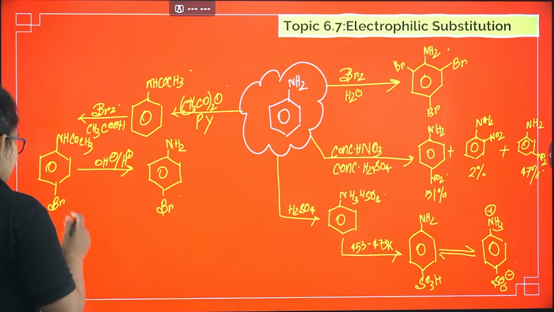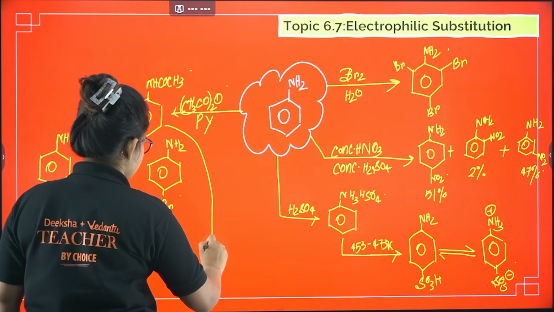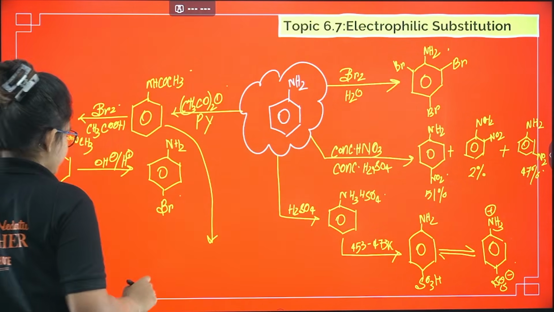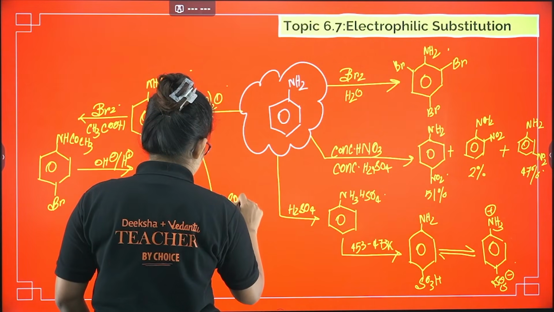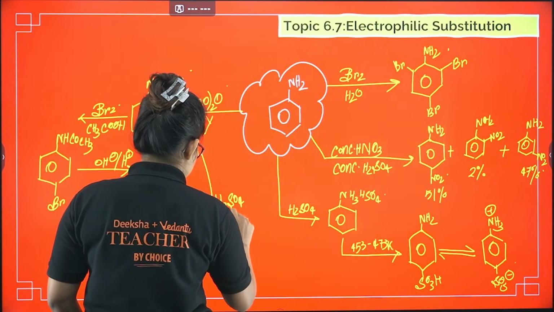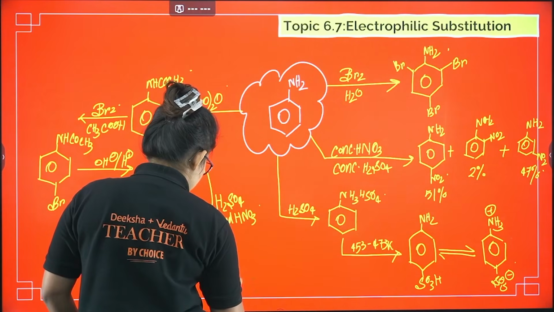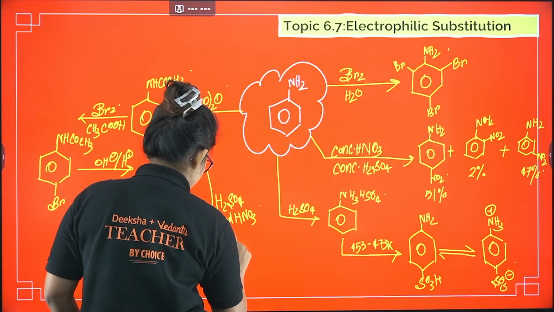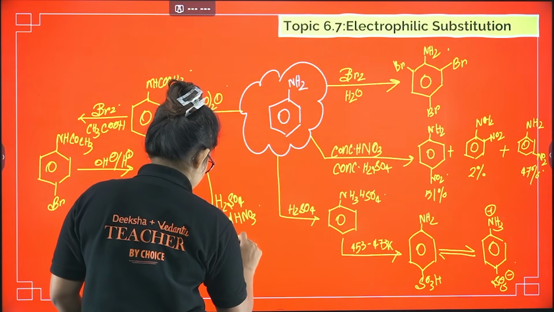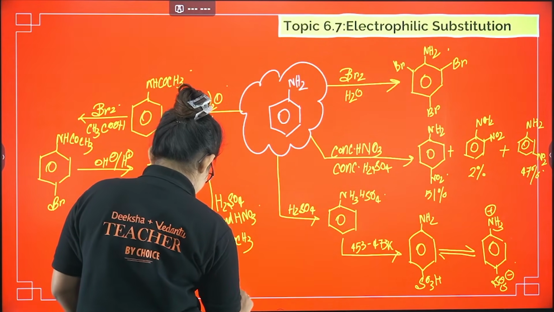Okay, one more thing that we can proceed with, you can do the nitration as well from here. From here what you can do, if I give H2SO4 and HNO3, that is a mixed acid, I can get only para nitro. Okay, so I will get only the para nitro product.